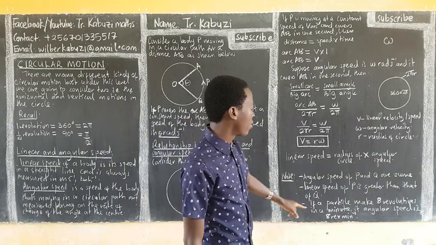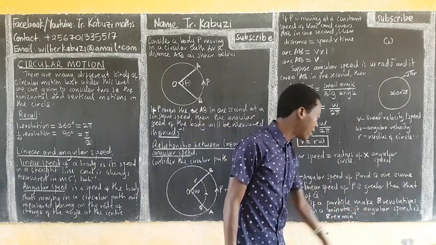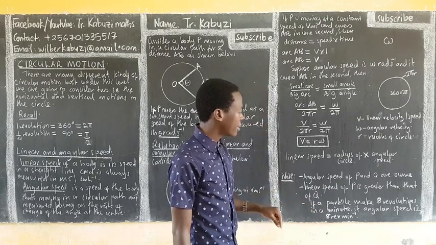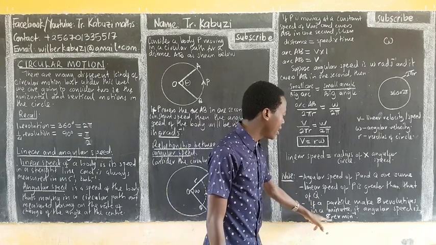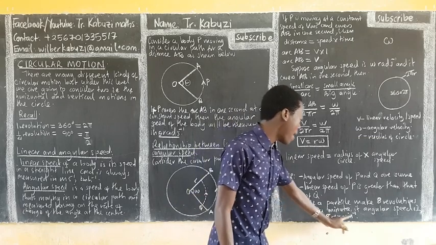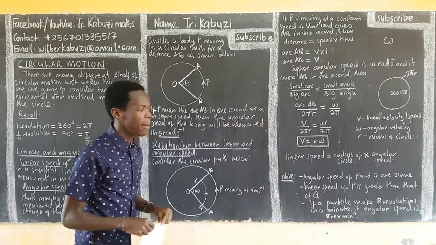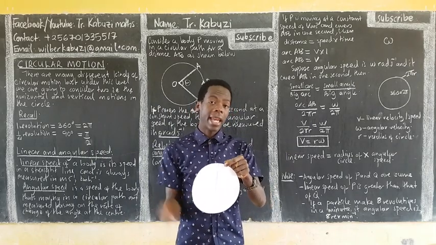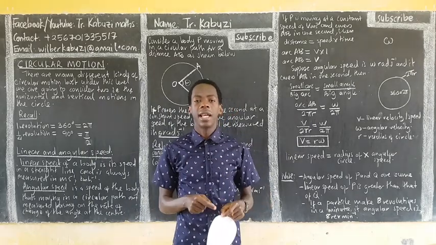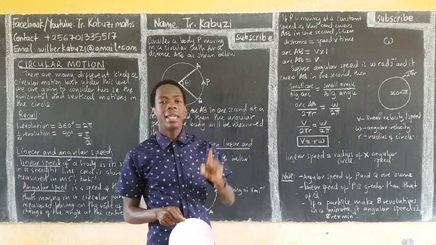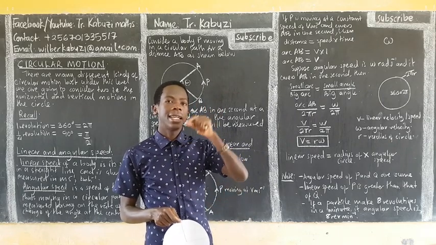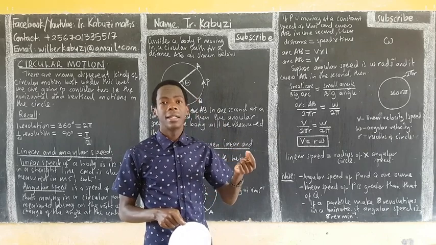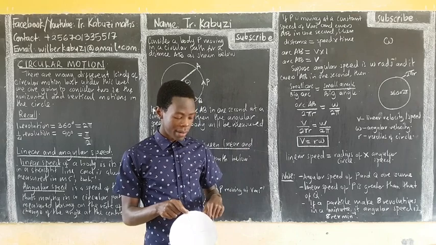If a particle makes 8 revolutions in 1 minute, it means the angular speed is 8 revolutions per minute. So if in 1 minute it makes 8 complete revolutions, then the speed is the number of revolutions it has made per the time it is taking to make those complete revolutions.